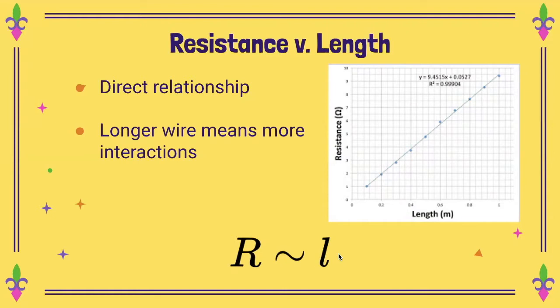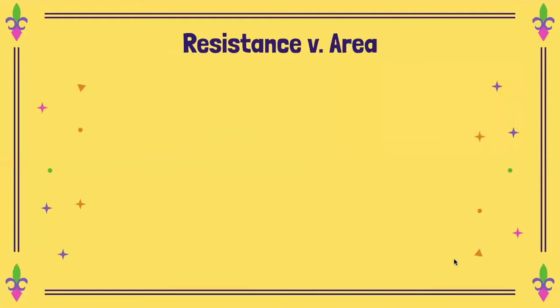Right? But let's talk about part two. In part two, you saw Mr. Lubin taking the wire and folding it over itself. Well, every time he takes that area and increases it, it's kind of like giving more space in a crowded hallway. Increasing the area actually makes it easier for electrons to travel through.